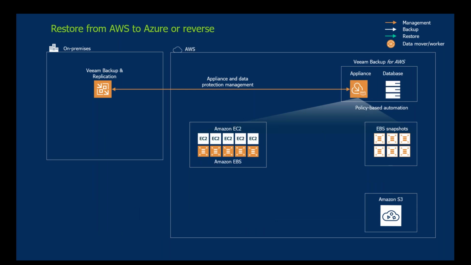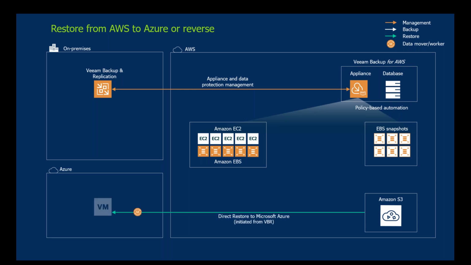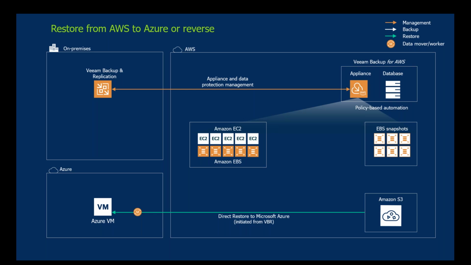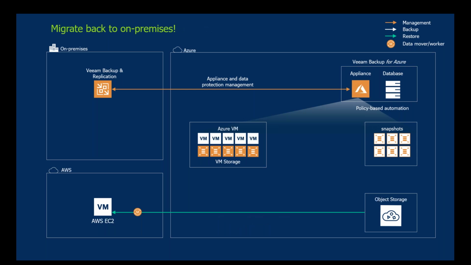I mentioned this before, the restore from AWS to Azure, or the reverse, the other way around. So we have the ability to do that with Veeam tooling. Sorry. So there's a direct restore to Microsoft Azure from Amazon in this case, with the EC2 instances, for example. And yeah, you can also migrate back to on-premises.